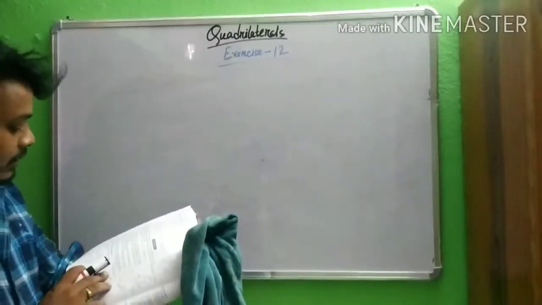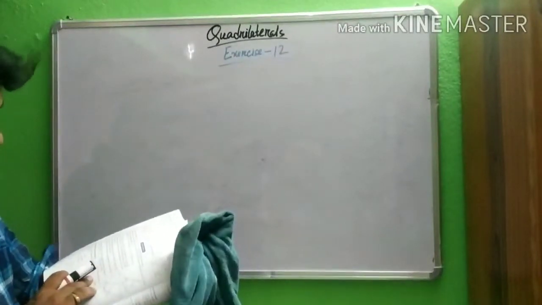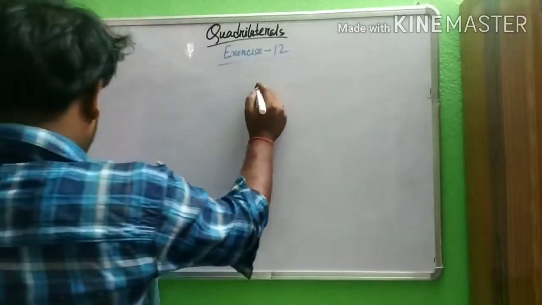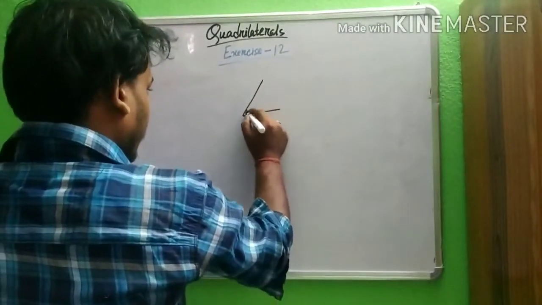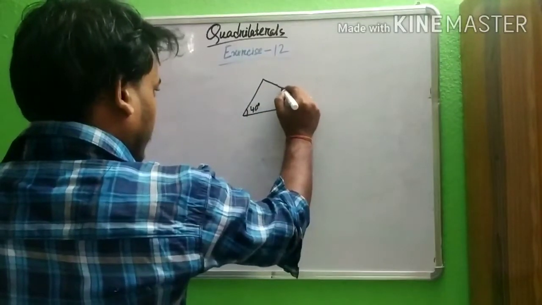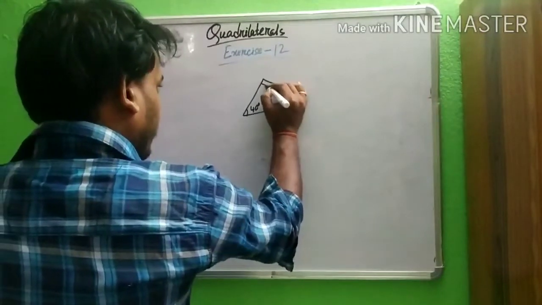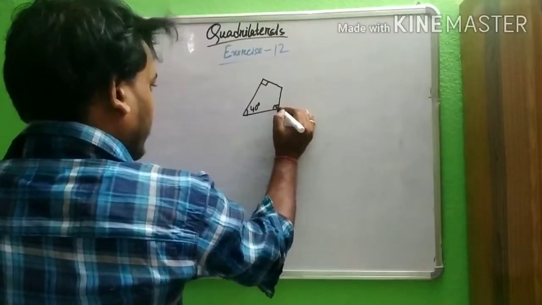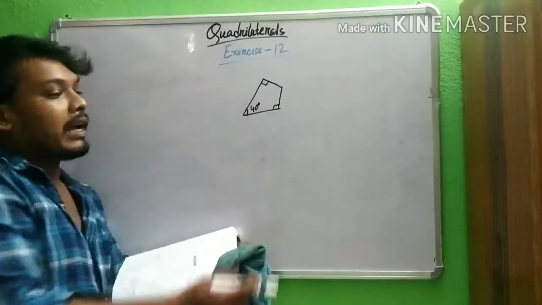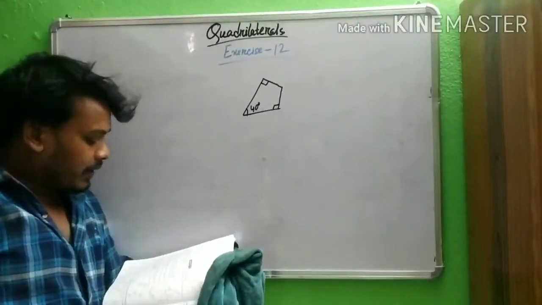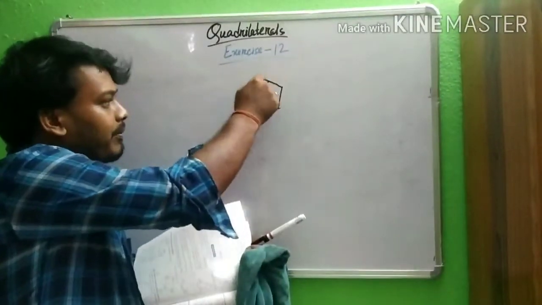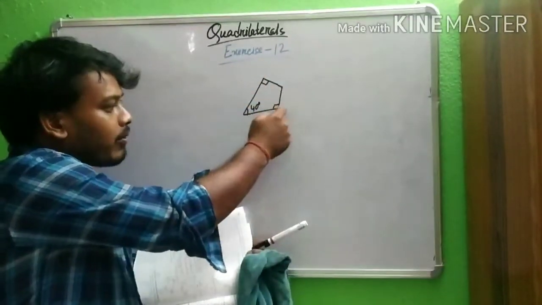Question 4 is also easy. One angle is given as 40 degrees and another two angles are given, but not directly. Here, PM is perpendicular to this one and this one is perpendicular to this one.